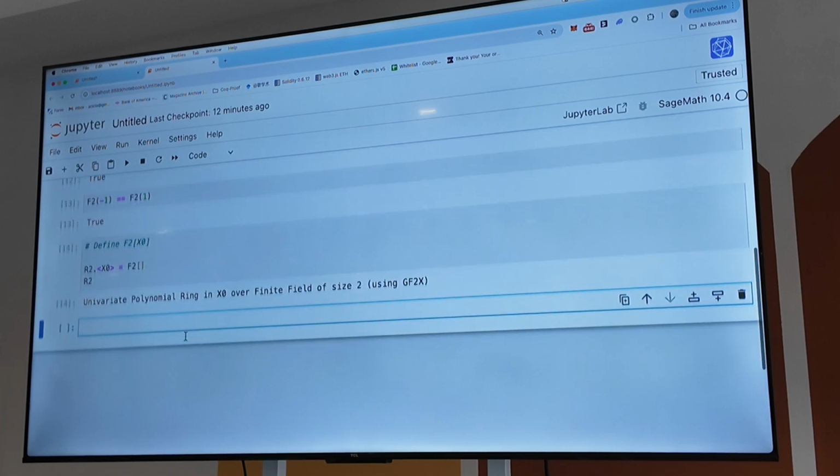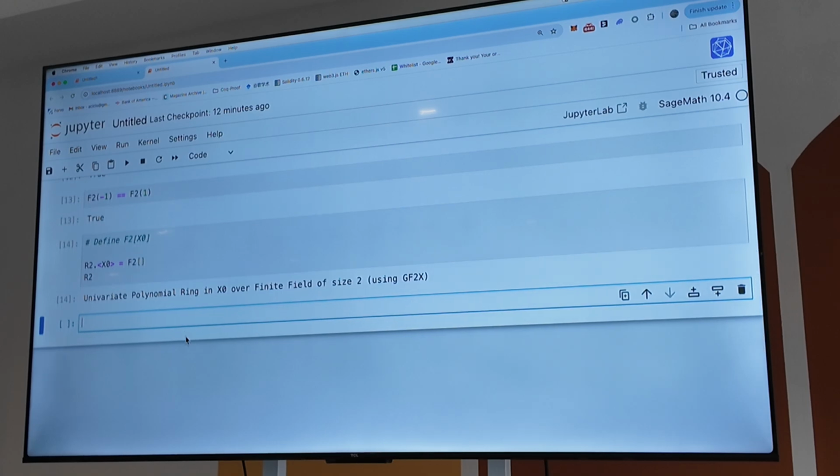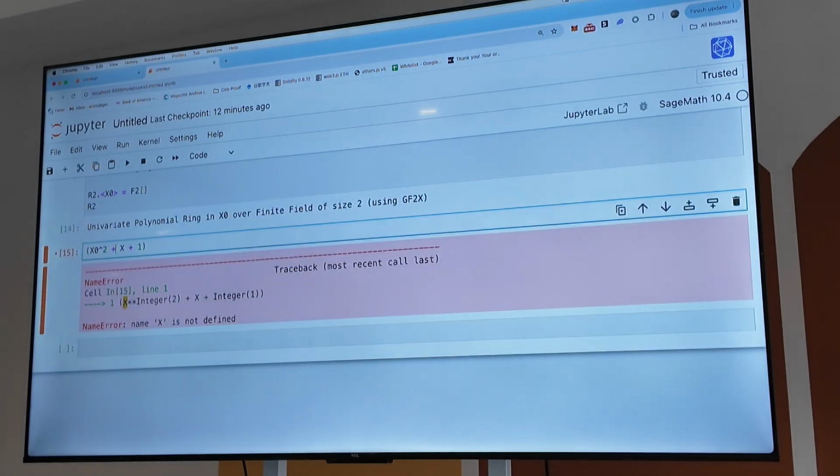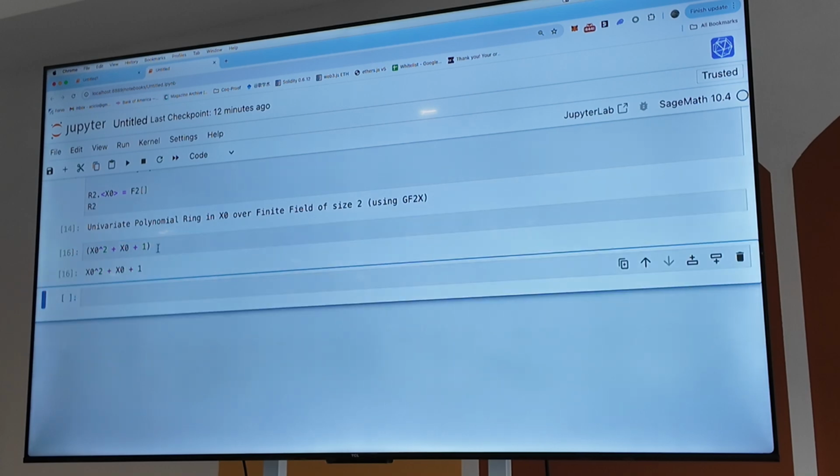So now we can define polynomials over F2, for example x0 squared plus x0 plus 1. It's a polynomial.